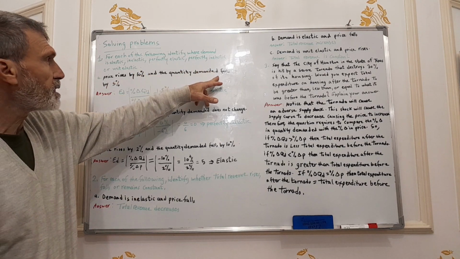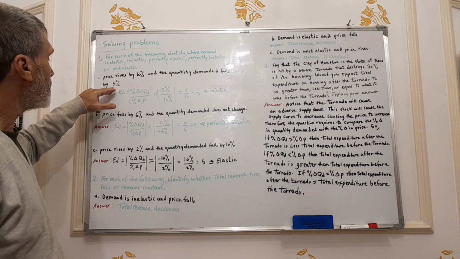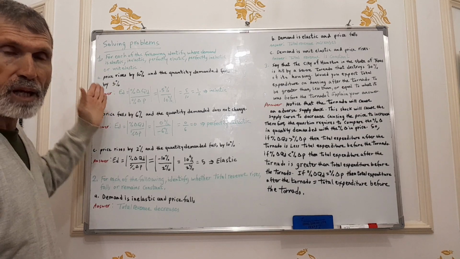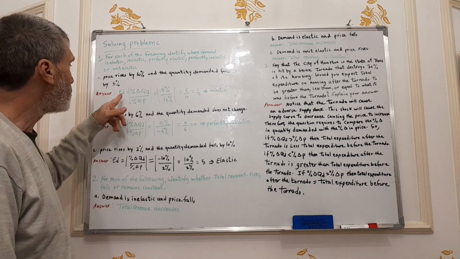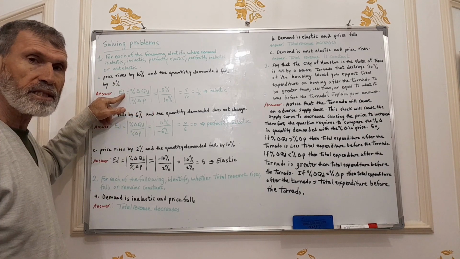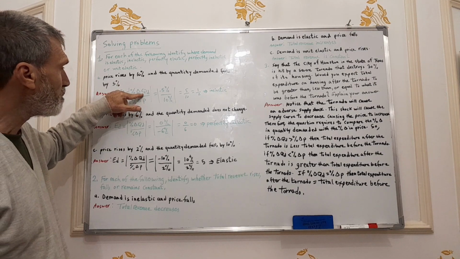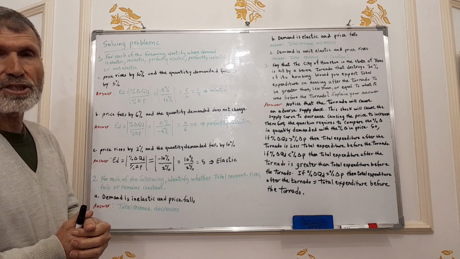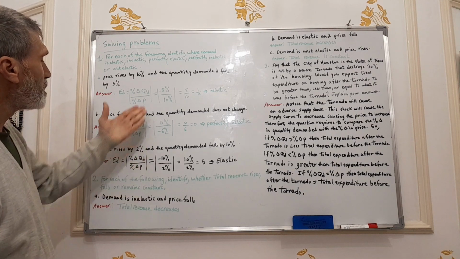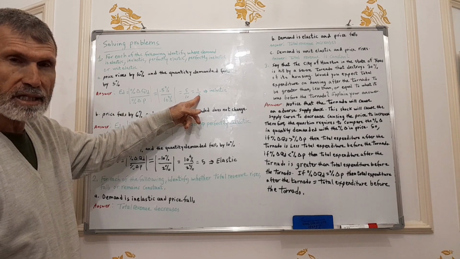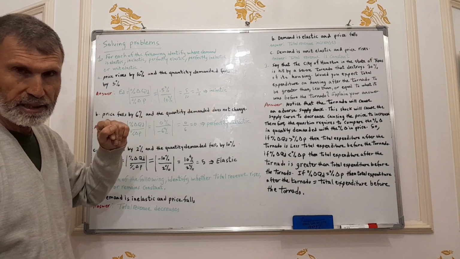So we plug these into the formula of the coefficient of price elasticity of demand, ED, which is the absolute value of the percentage change in quantity demanded over the percentage change in the price. We come up with 1/2, which is less than 1, which is inelastic.